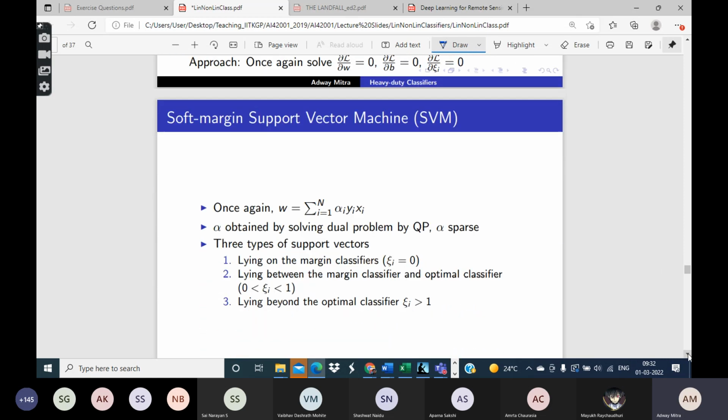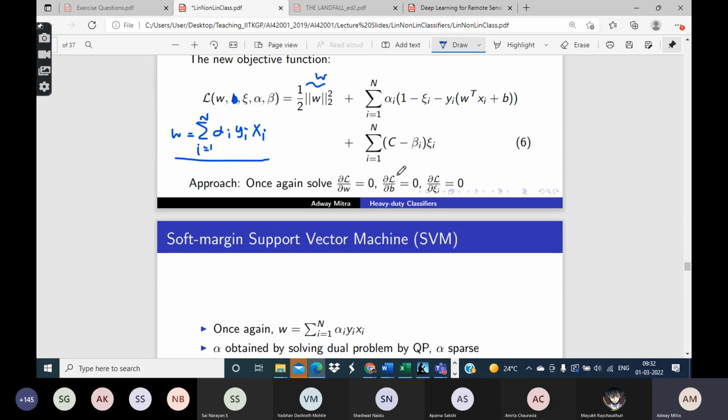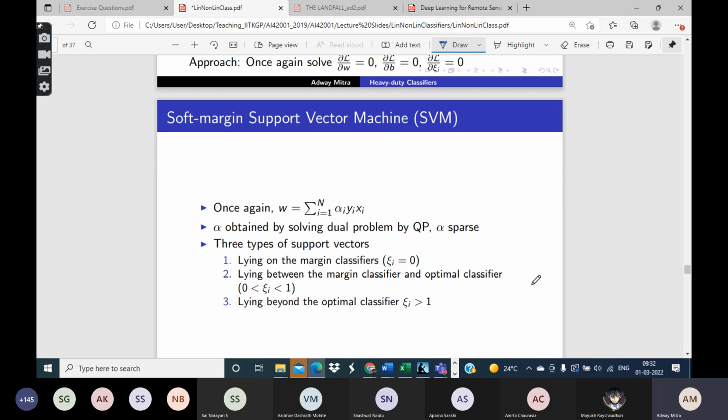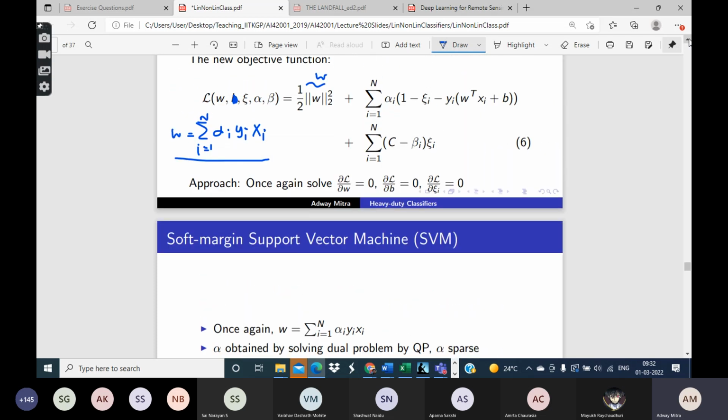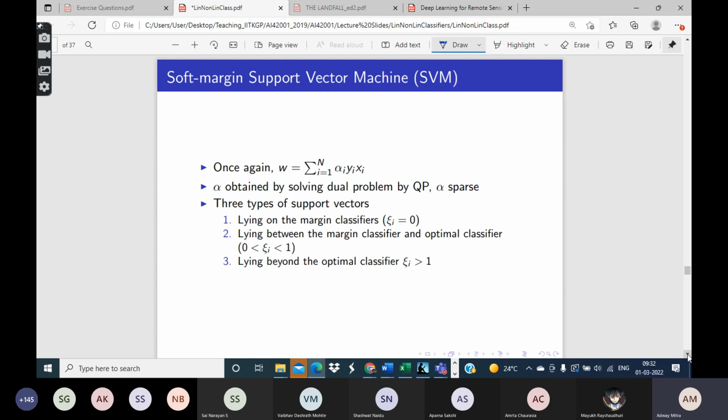Once you carry out the partial derivatives and equate them to 0, you will get another quadratic programming problem in terms of the alphas, after eliminating the w's, the xi's, and things like that. Again, I will not go into the details of that, but finally you will be able to get the alphas by solving the dual problem using QP, the quadratic programming.